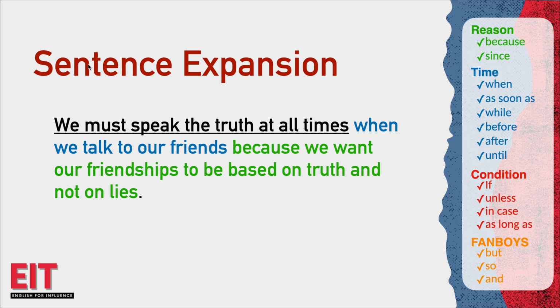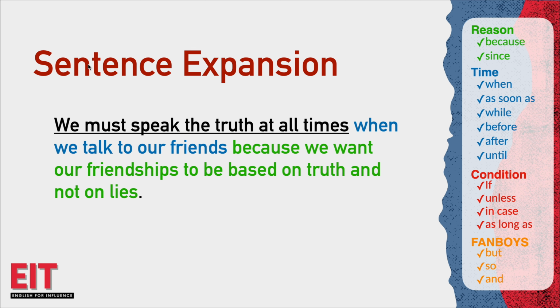Okay, let's expand this further. Do you think we can add some condition? No, it's not possible because we already have a when clause. So if we want to go further in expanding this, we need to add another independent clause. So how do we do that? That's right, through fanboys.